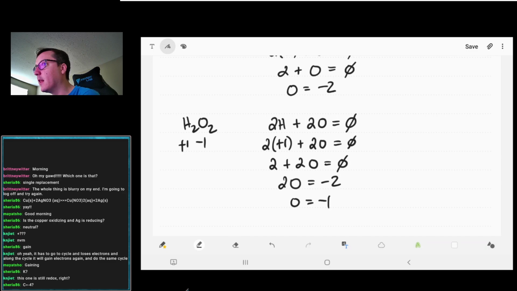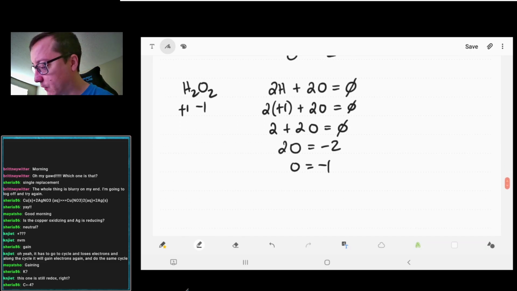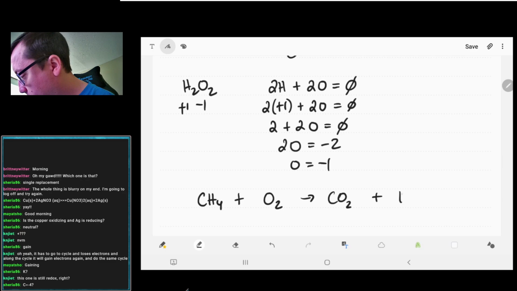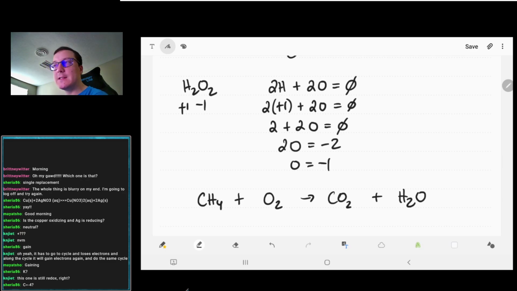Alrighty, let's finally see what the heck the point of all this stuff is. Let's take a look at one of Kenji's favorite reactions. And let's see here what is being oxidized, what is being reduced. So thankfully, we have already done all of the oxidation numbers for 3 of these compounds.